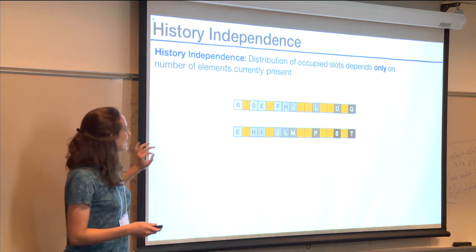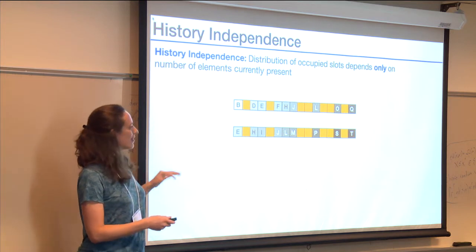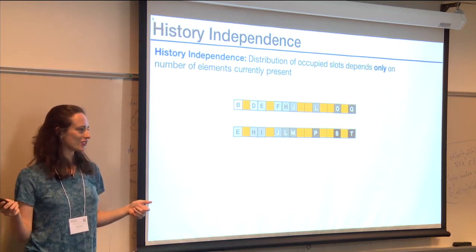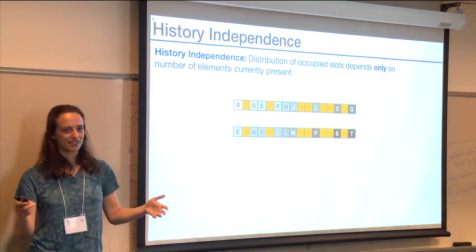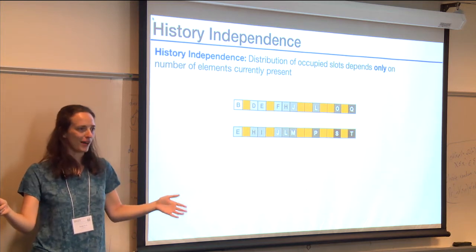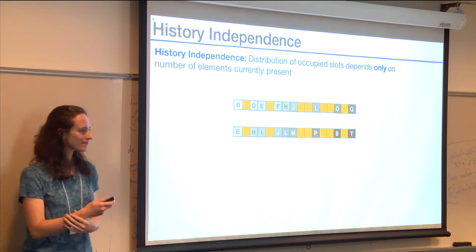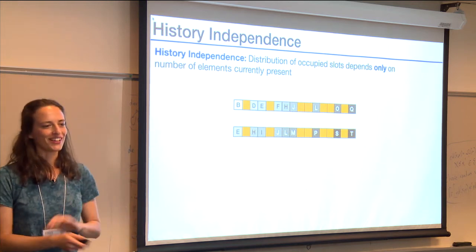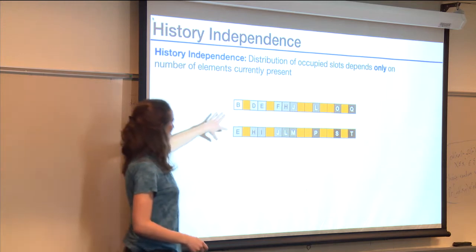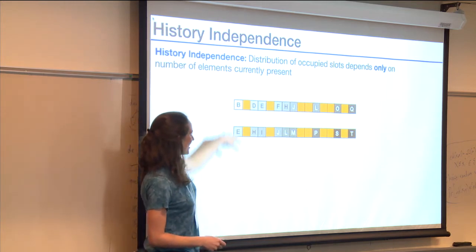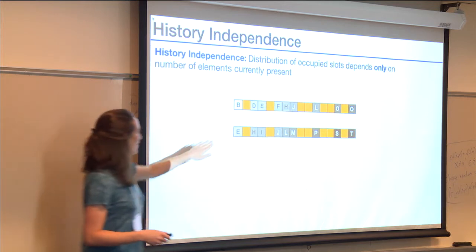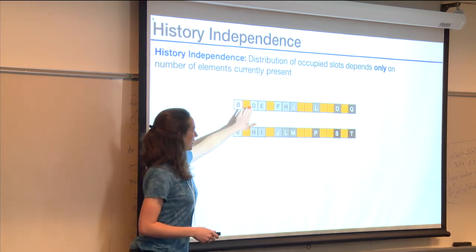And what I'm saying here is that it depends only on the number of elements present. So if you tell me that there are 10 elements in the data structure, then I can exactly tell you what is the distribution over the occupied slots in the data structure. Not even on the identity of those elements. Yes, good question. Not on the identity of the elements. So this picture shows two arrays that both have 9 elements in them. The elements are different, and they both have the same slots that are occupied.